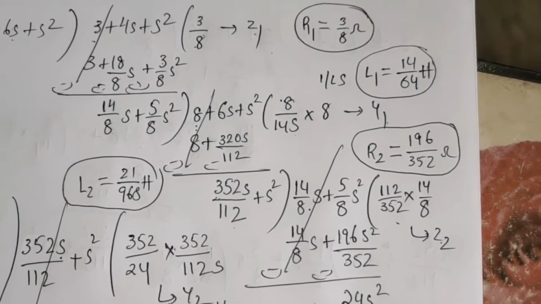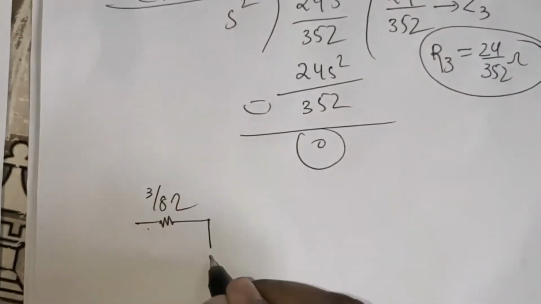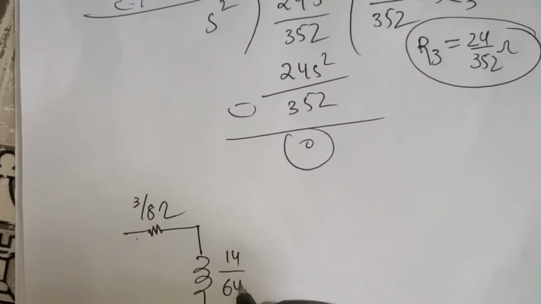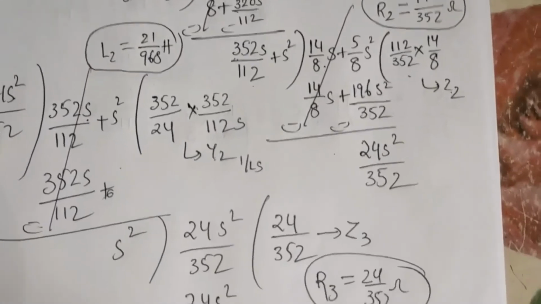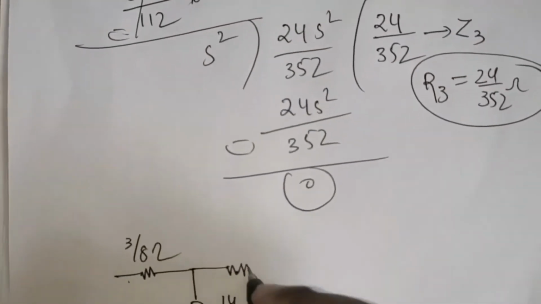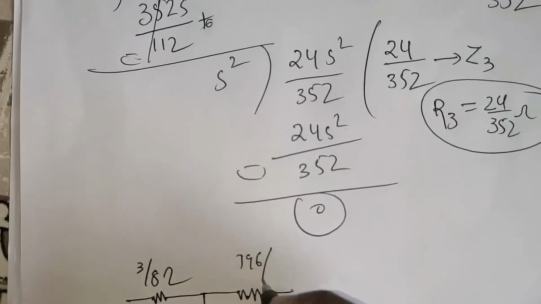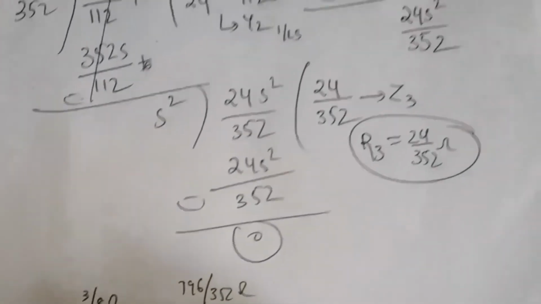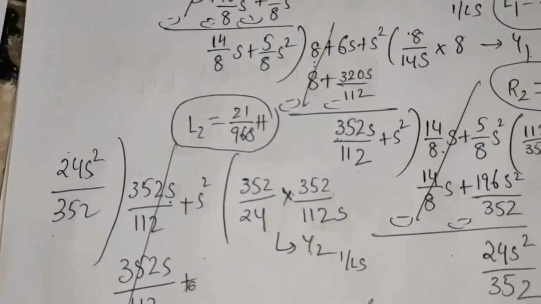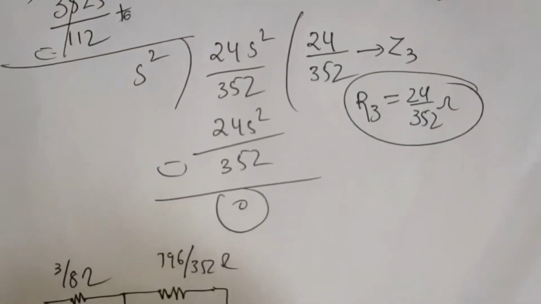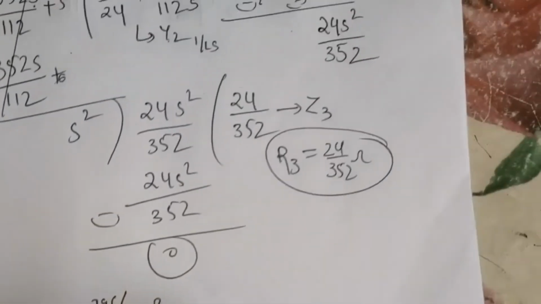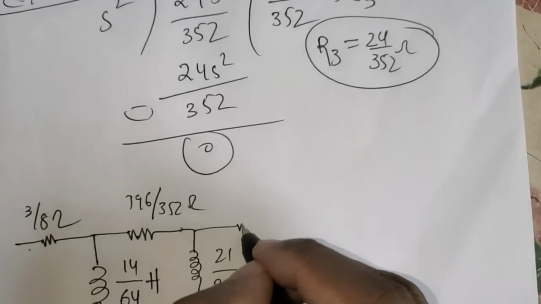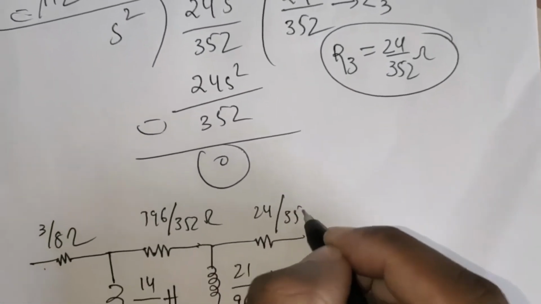The second element is an inductor of 14 by 64 henries. The third term is a resistor of 196 by 352 ohms. The fourth term is an inductor of 21 by 968 henries. And the last term is a resistor of 24 by 352 ohms.